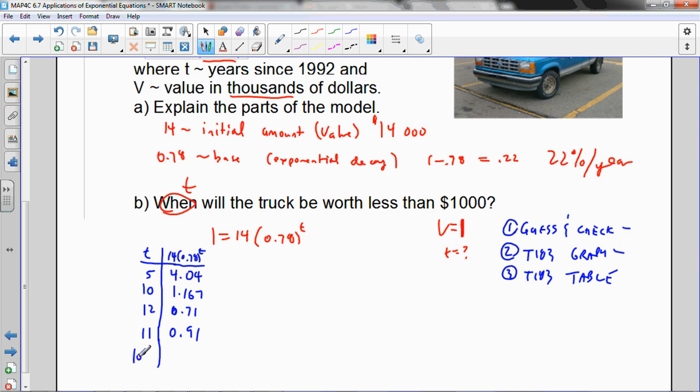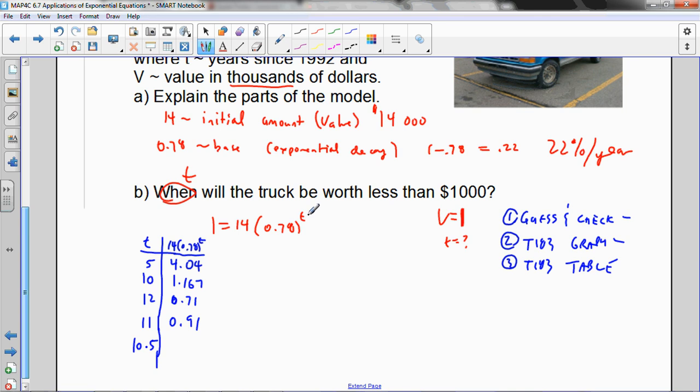Try 10.5 or 10.6. You keep on guessing and checking values. You keep on putting this into your calculator, and eventually you end up with a value around 10.6 gives you 1.005. That's within $5. That's pretty good.